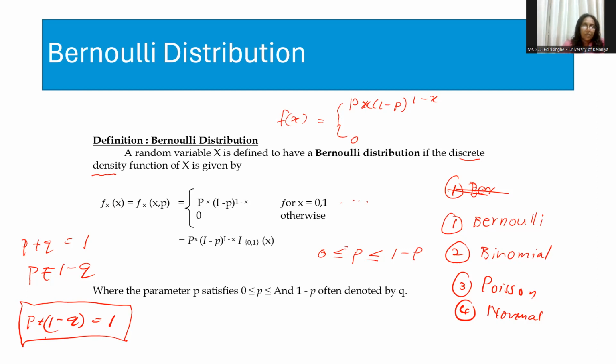P means obtaining successes, Q means obtaining failures.